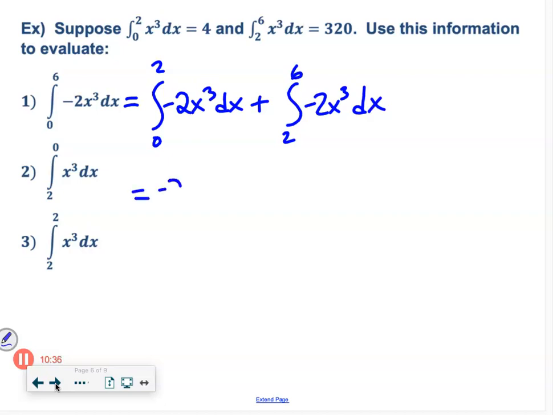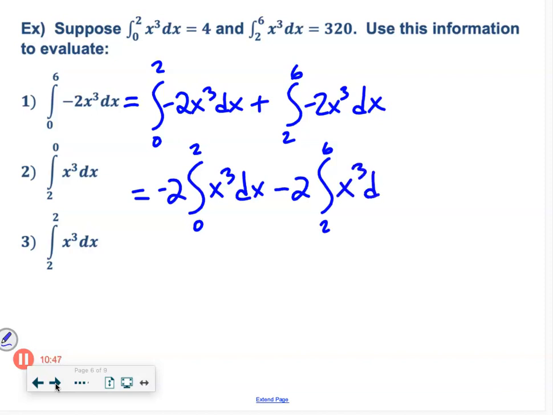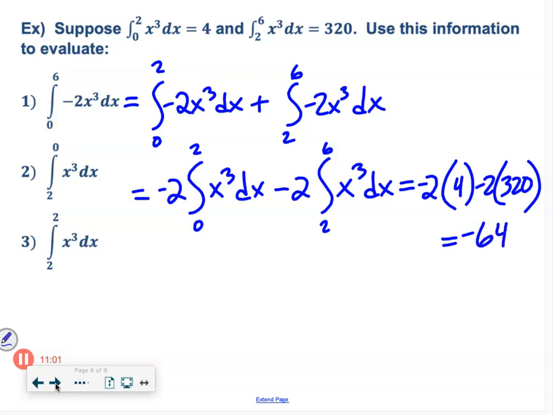So I have -2 integral 0 to 2 of x cubed dx minus 2 integral 2 to 6 of x cubed dx. So I get -2 times, let's see, 4 minus 2 times 320. So I end up with -648.